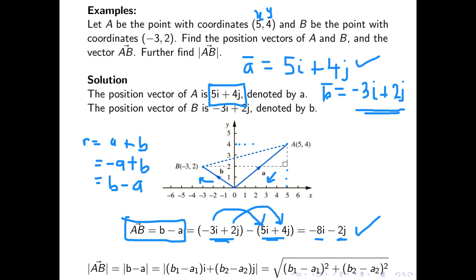Now we're going to obtain the magnitude, that is the length of that resultant vector. The length of R, which is the resultant vector, would be the magnitude of R. Similarly, we're going to be using our triangle law, which is our Pythagoras theorem.